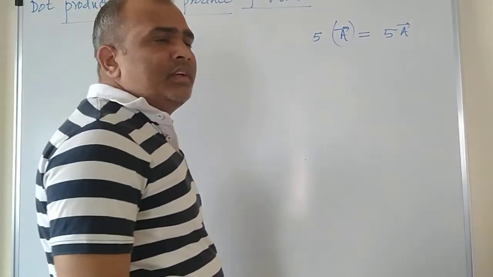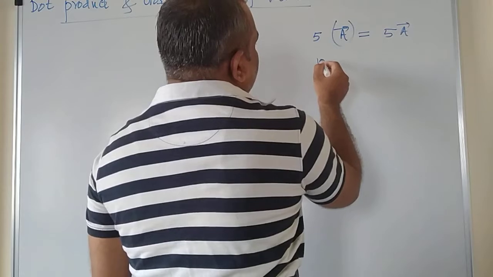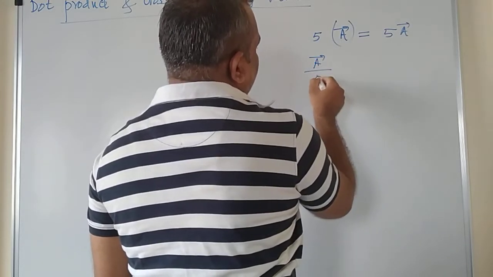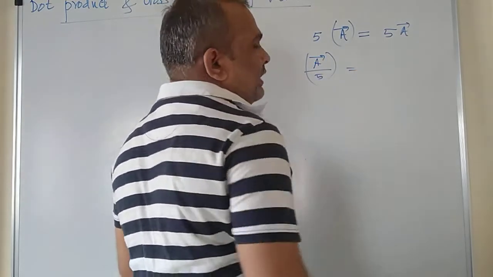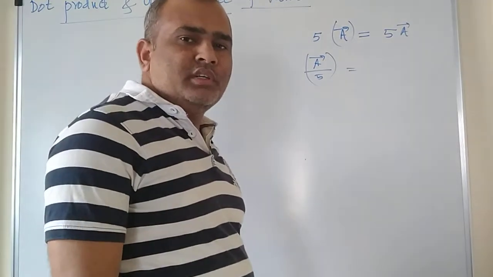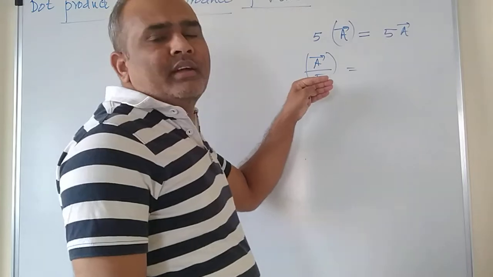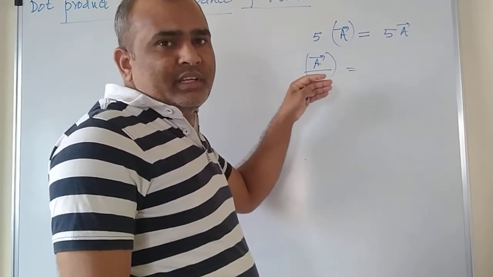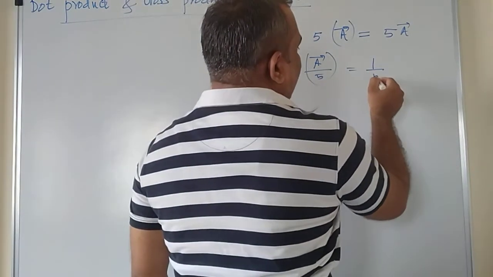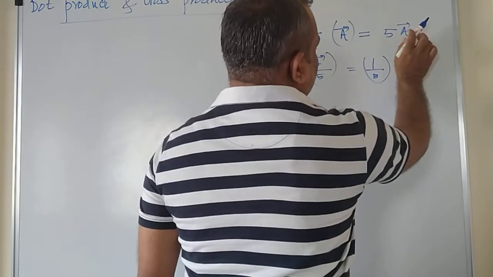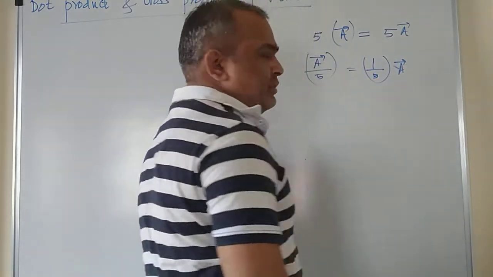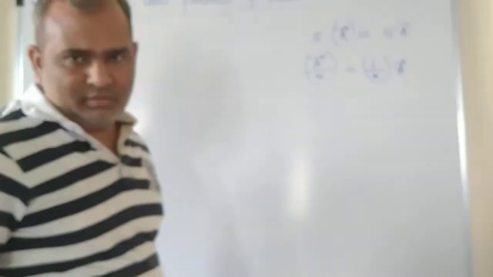Similarly, if you are dividing the vector a bar by 5, that is also simple, because you just multiply the vector by the reciprocal of the scalar, isn't it?